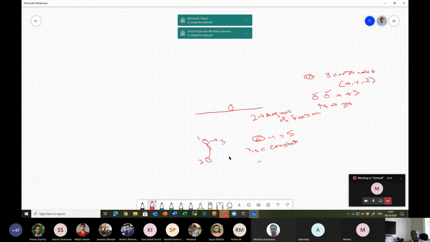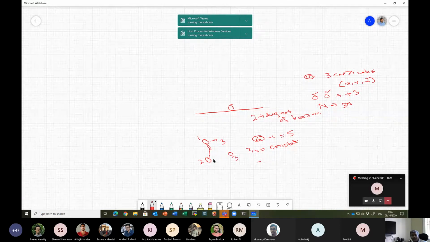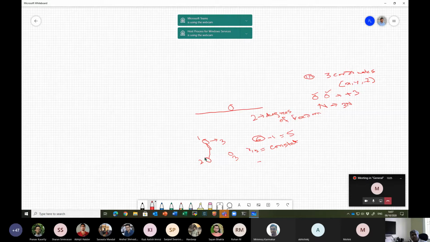Now if I consider another particle, say this is the third particle, particle 3. If all of them are independent, then you have 9 degrees of freedom, right? Now, what will happen if I connect 2 and 3?